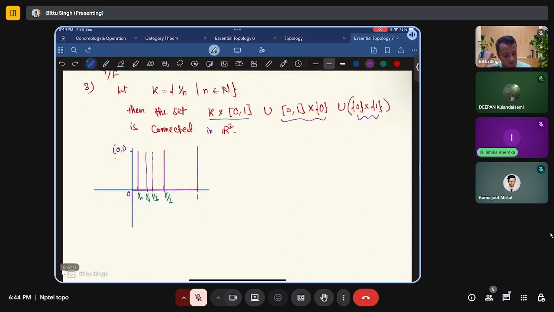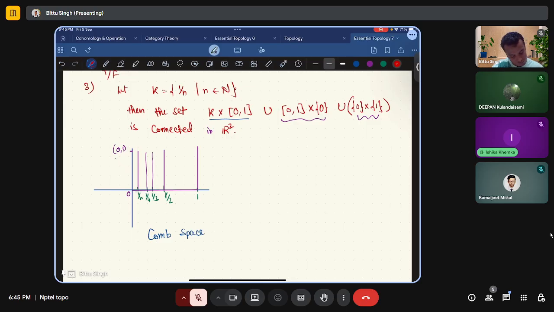So the statement is, this set is connected. Is it true? I have not drawn the space completely, but there will be some smaller lines, so it will look like a comb. This space is also known as comb space because it looks like a comb.